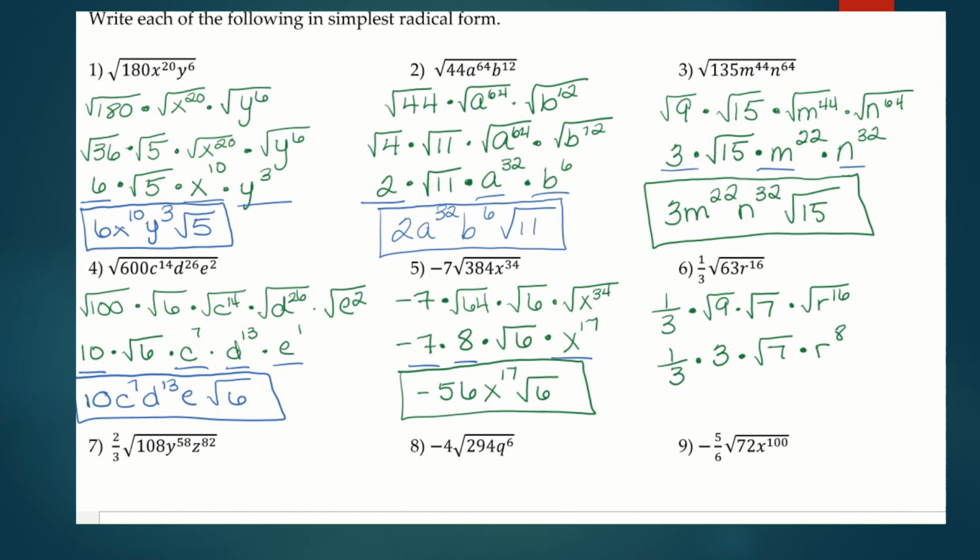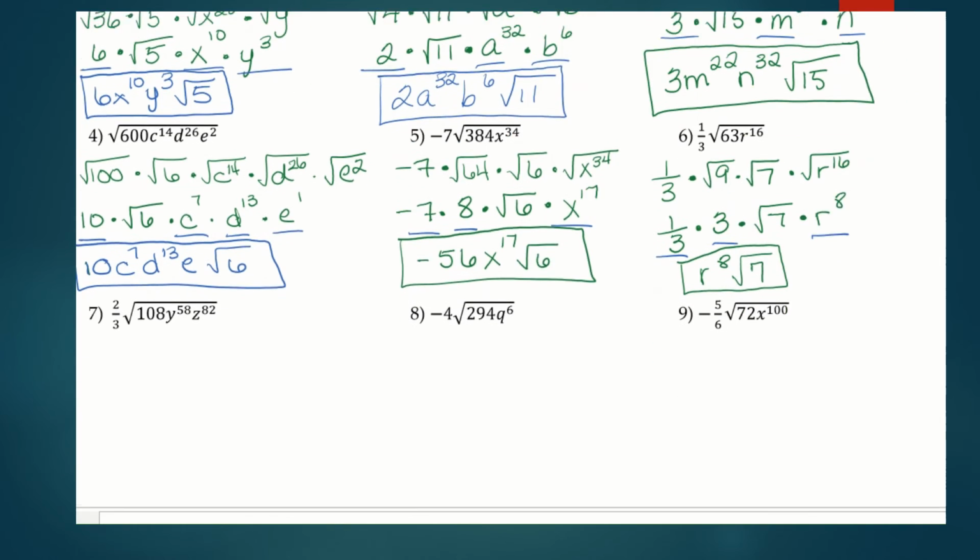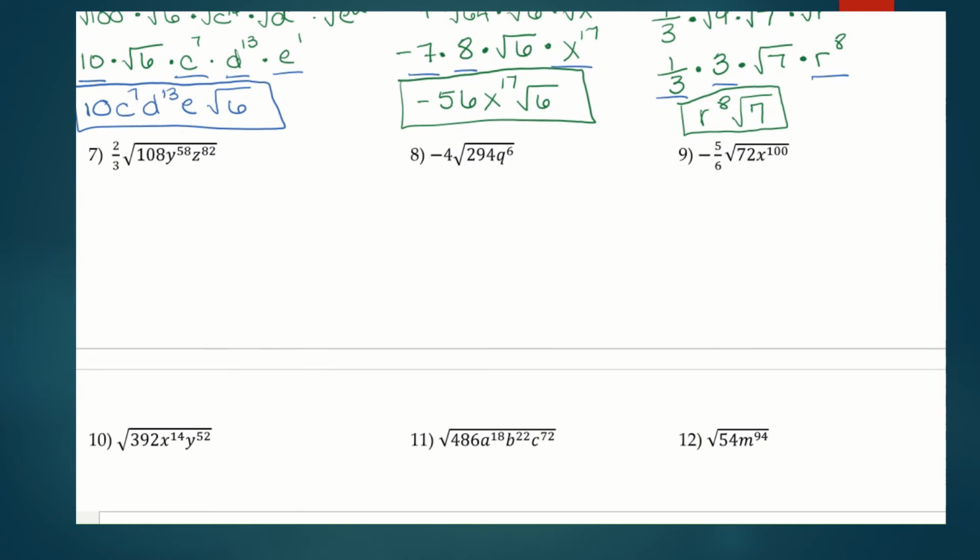All right, so now when I go ahead and combine everything outside of the square root, 1/3 times 3 gives me 1. So I have 1 times r to the 8th. So we can just write r to the 8th. If you want to put 1r^8, that is absolutely fine, followed by root 7. Okay. All right, onward and upward here.